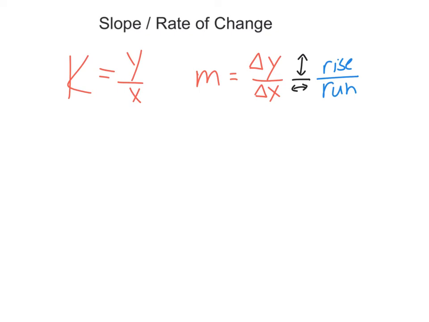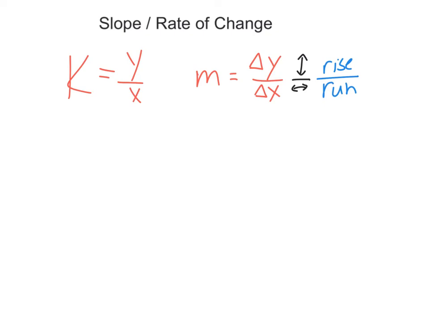Okay, so let's say I'm going to draw a graph here. Let's say I had this line, and I had this point and this point. These are 2 points on that line. And I want to know the slope of this line.